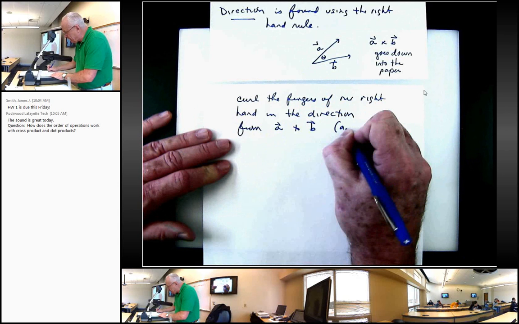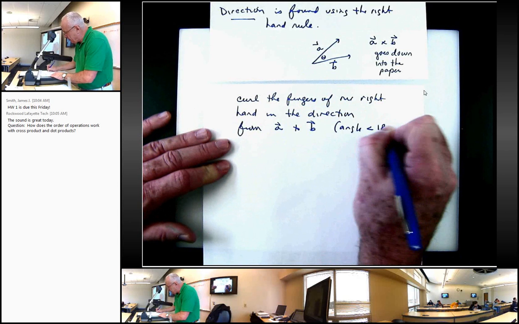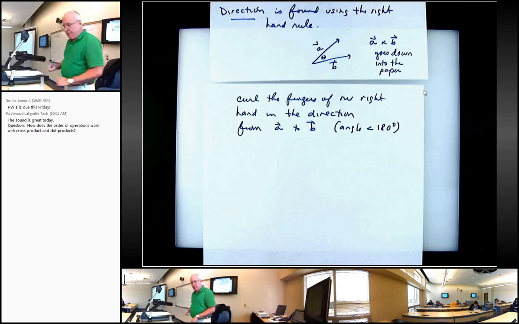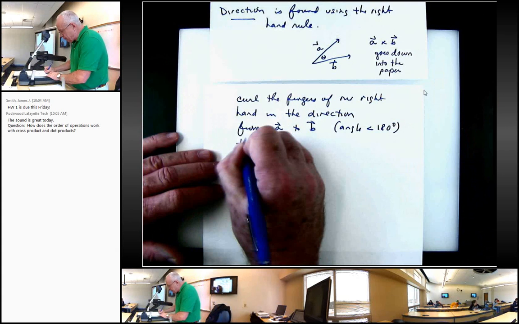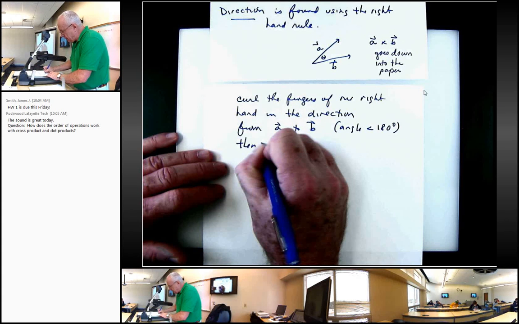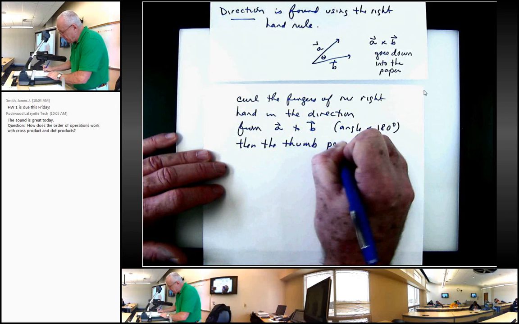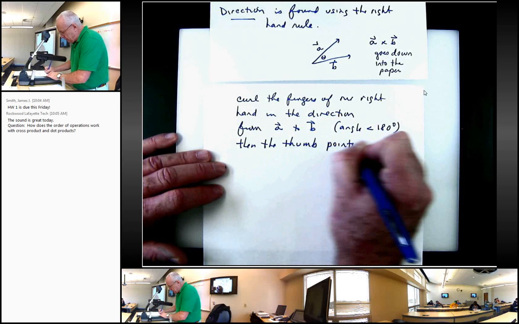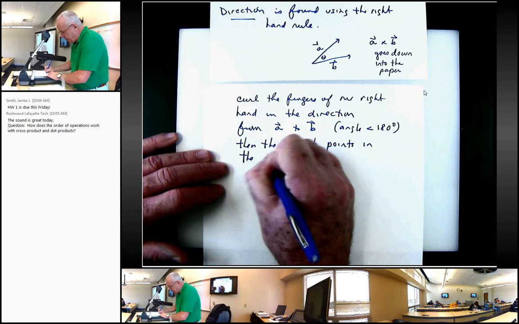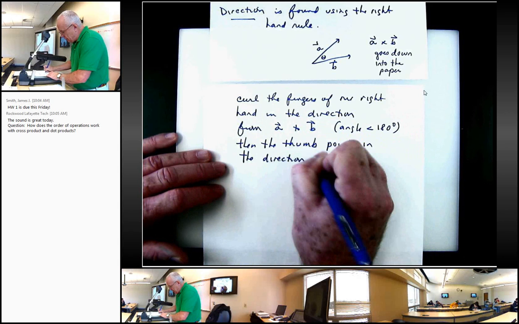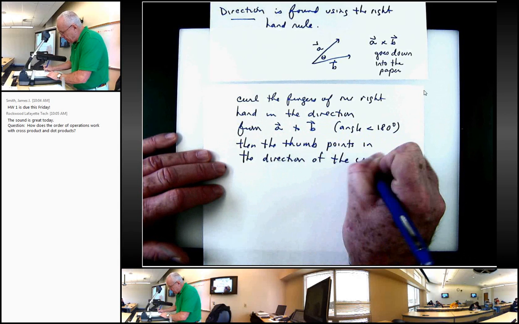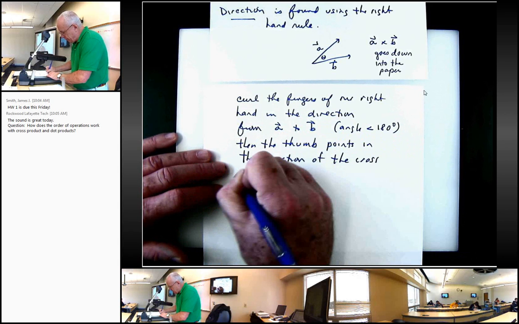We want to make sure that angle is less than 180 degrees. Then the thumb points in the direction of the cross product. That's the right-hand rule. All right.